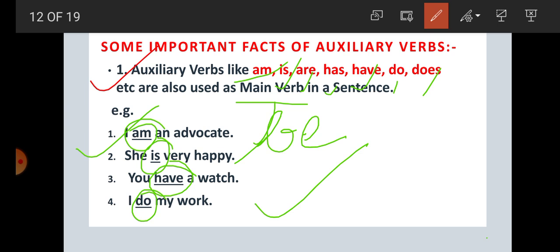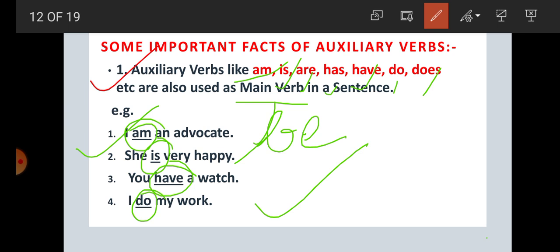First example, I am an advocate. Is there any main verb? No. Second example, she is very happy. Is there any main verb? No. You have a watch. Is there any main verb? No. I do my work. Is there any main verb except do? No. So here these play the role of main verb and their meanings are also different.